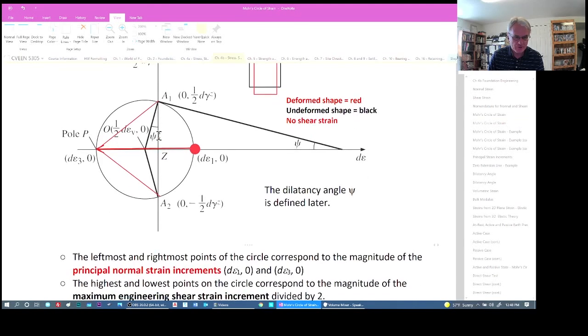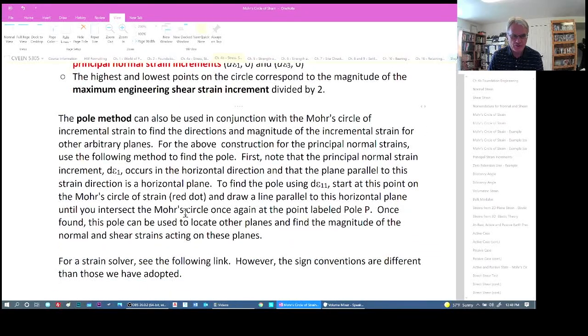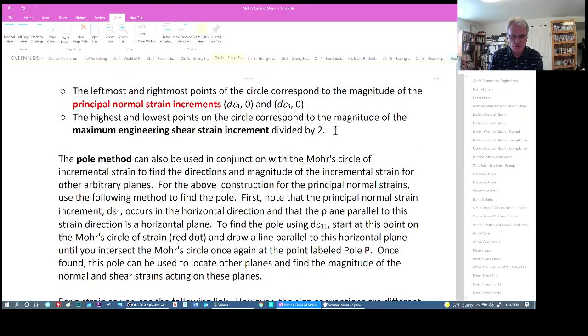The left and rightmost points of the circle correspond to the magnitudes of the principal normal strains, dε1 and 0, and dε3 and 0. The highest point on the circle corresponds to the magnitude of the maximum engineering strain increment divided by 2, which could also be said to equal the mechanical shear strain increment.